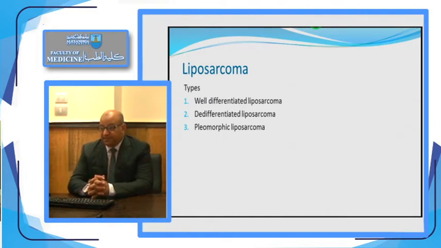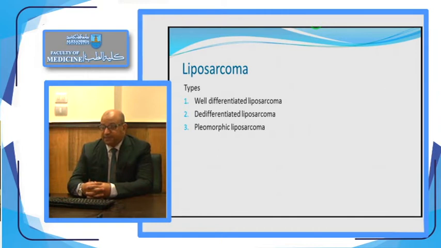The second type is the dedifferentiated liposarcoma. In the dedifferentiated liposarcoma we have two components: the lipomatous component, which is well differentiated, similar to the well-differentiated liposarcoma, and a fibrous element in between, which is a high-grade sarcoma.